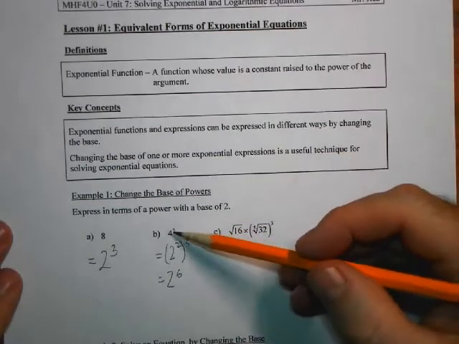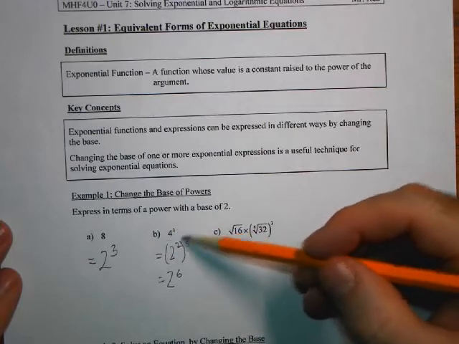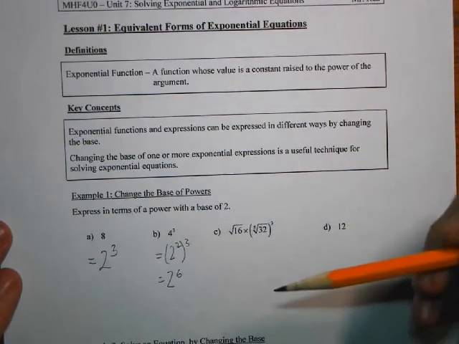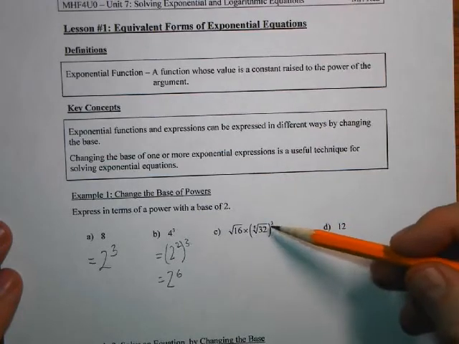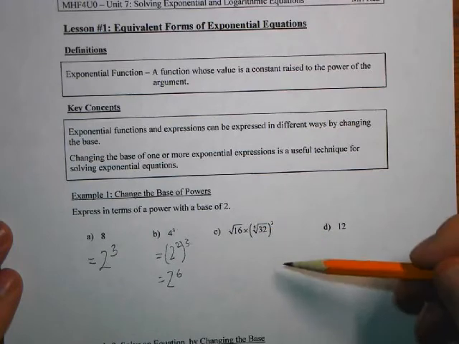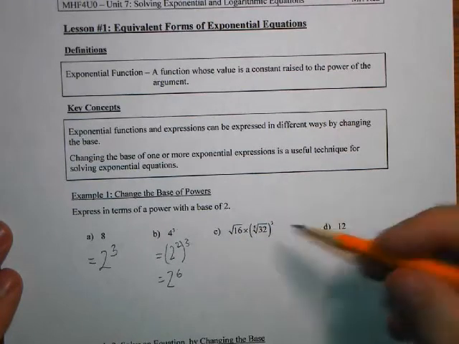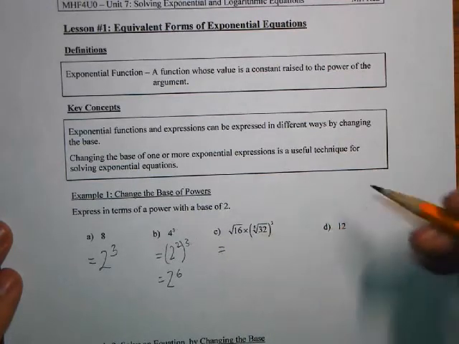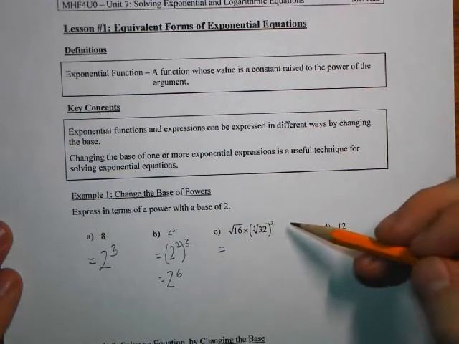This can be easily checked. On your calculator, you've got the y to the x button, or x to the y. You can evaluate 4 cubed, you can evaluate 2 to the power 6, and you should see that it's the same thing. This one looks a little bit scarier just because it's got lots of powers and radicals, but it comes down to the same thing. First, before I worry about the base, I'm going to change the radical signs into exponents.